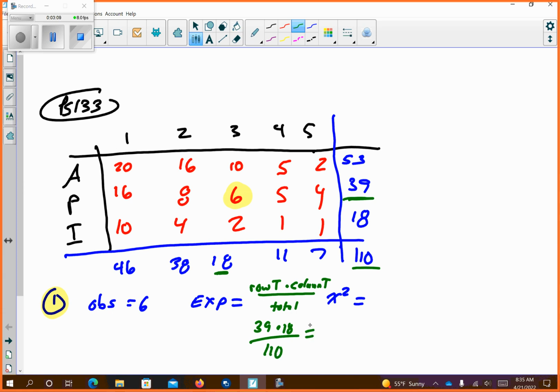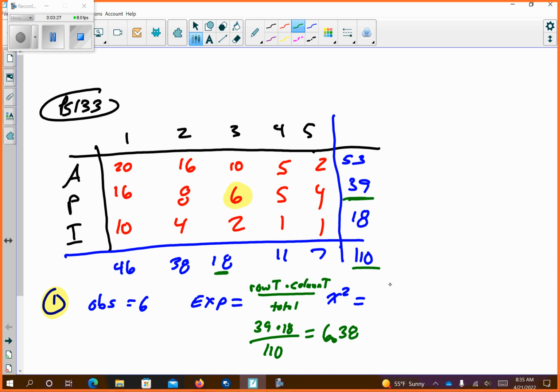So if I do that math, that should come out to 6.38, if I did my math right. So that's the expected. And then the chi-squared value.